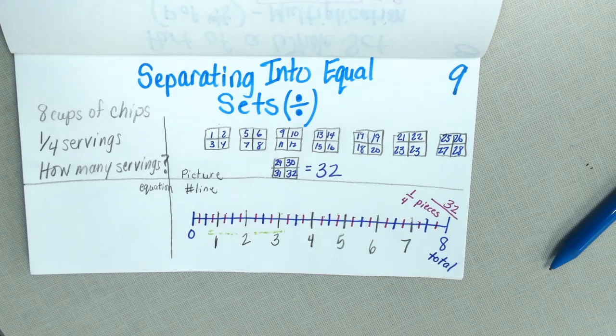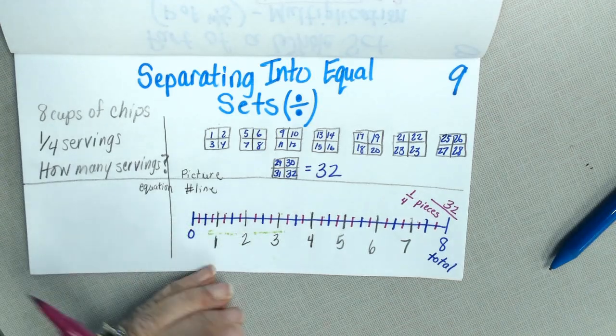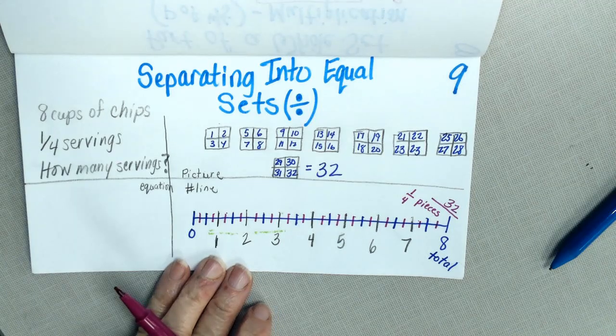And that's a little bit easier than labeling all of these, mainly because, is that kind of tiny to label?